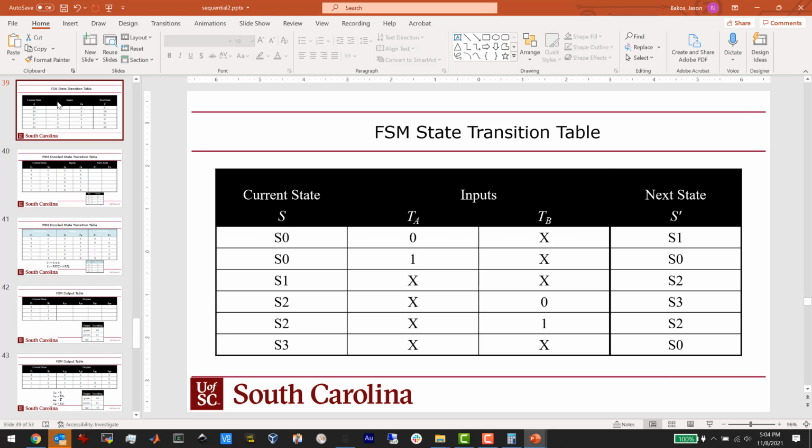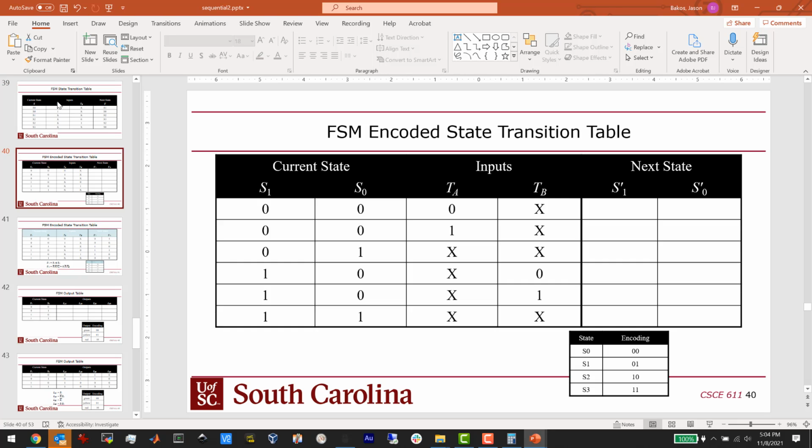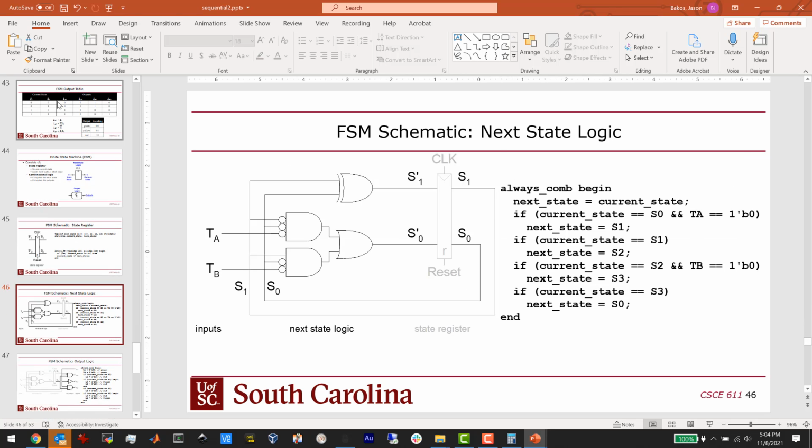If I'm in S0 and I have no traffic on Academic, then I'm going to go to S1, right? Likewise, if I'm in S2 and I have no traffic on Bravado, then I'm going to go to S3. So the code should say that, right? Yeah. So if I'm in S0 and I have no traffic on Academic, then I'm going to go to S1. And if I'm in S2 and I have no traffic on Bravado, then I'm going to go to S3.